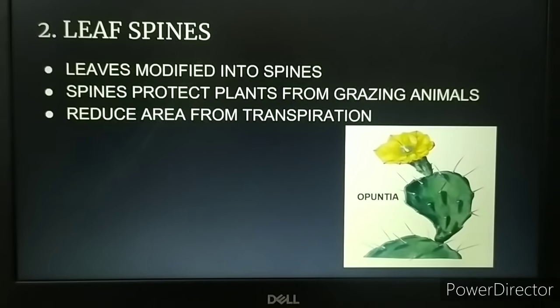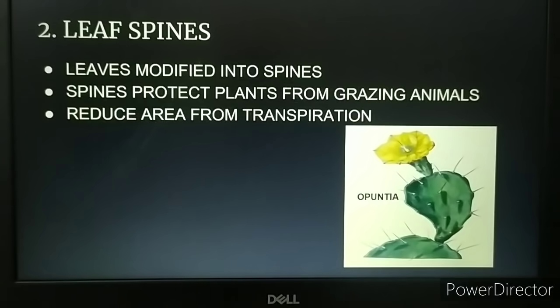But if these leaves are transformed into spines, they would not have stomata for transpiration, and they can check their water loss, and hence it becomes a very important type of modification in xerophytic plants. So what do we conclude from this?